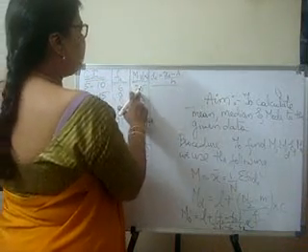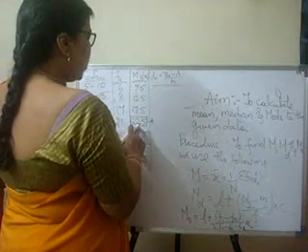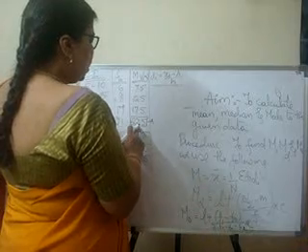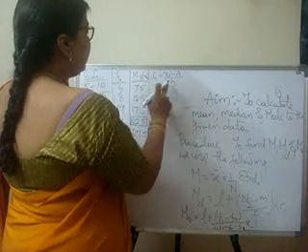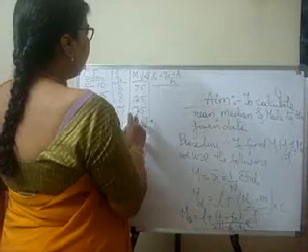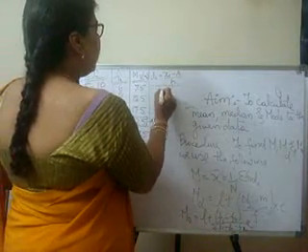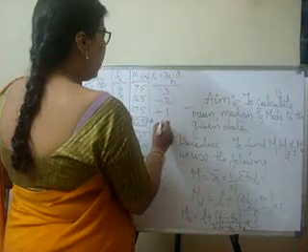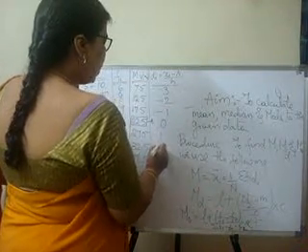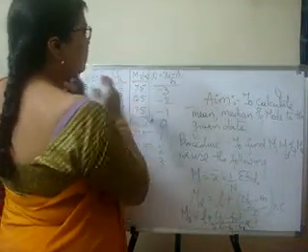So 7.5 minus 22.5 is minus 15, and 15 divided by the difference 5 gives minus 3, minus 2, minus 1, 0, 1, 2, 3.